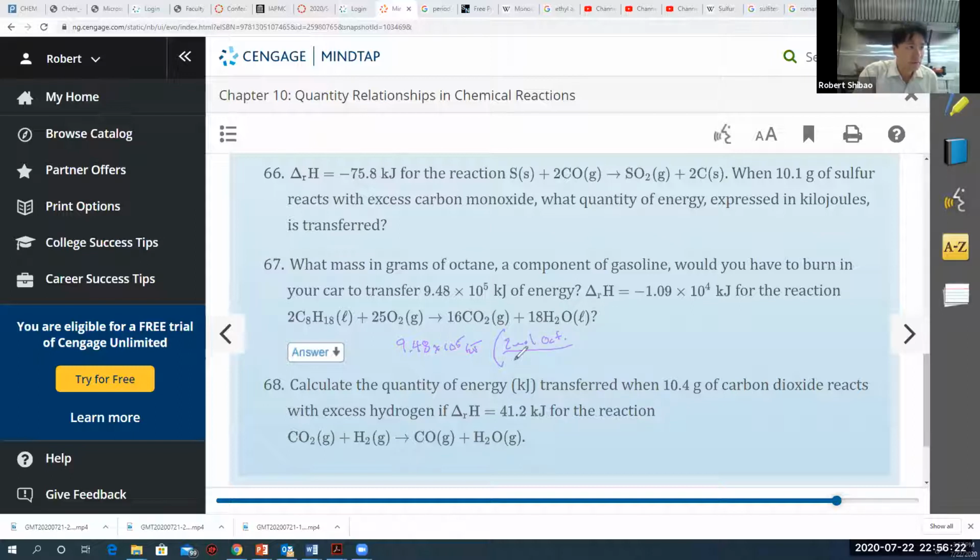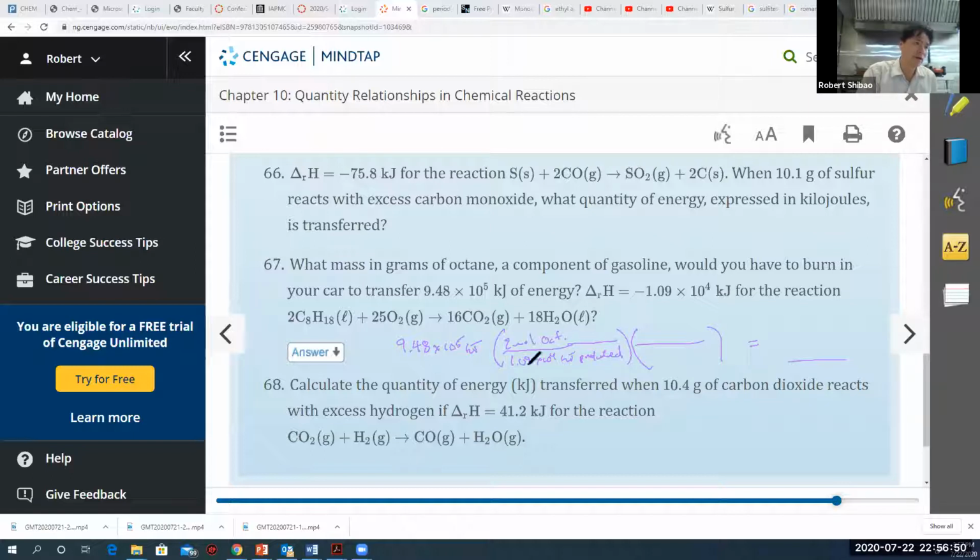And that's positive 1.09 times 10 to the 4th kilojoules produced. And so rather than negative here, I'm writing the word produced to show that it goes on the right side of the equation here. Otherwise, I'm going to get negative moles. If I get negative moles, I'm going to get negative grams because I need the molar mass here. And so I don't want negative grams. And negative grams makes absolutely no sense.